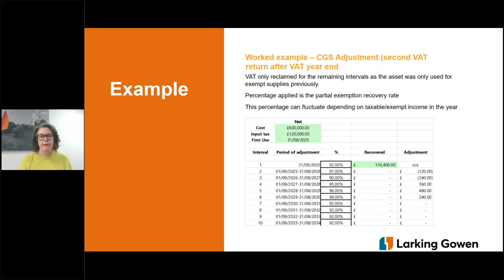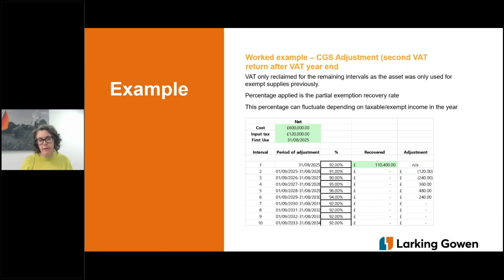And then for the next 10 years of our capital goods scheme life, at the end of the VAT year in August every year, we're going to stop and we're going to review how that property is being used. And if it's still mixed use, we're then going to apply that year's residual recovery rate to 1/10 of the VAT we originally incurred.